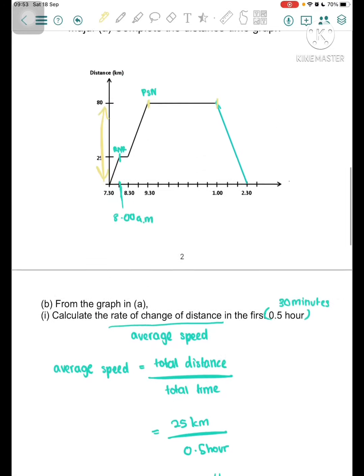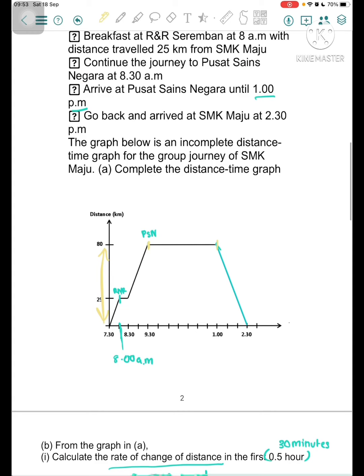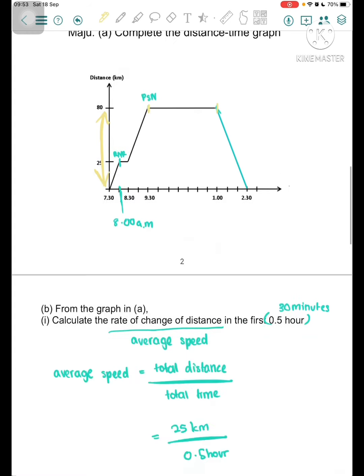Okay, question D. What is the total distance? So the total distance here, Seremban to Pusat Sains Negara, is 80 km. So from here to here is 80 km. Okay.